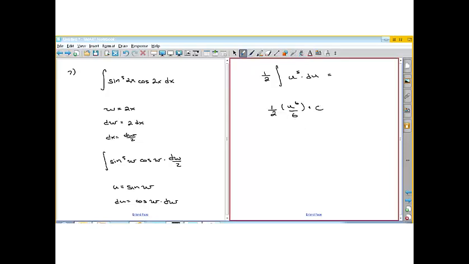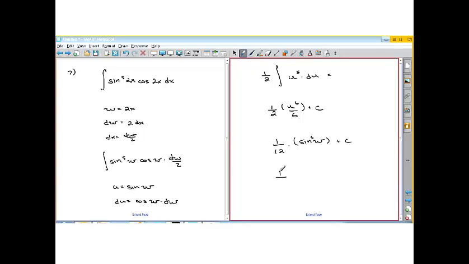So since I did two substitutions, first a w substitution, then a u substitution, then I have to go backwards. So I'm going to do this one first, and then I'll go back there. So let's factor out the 6. So we get 1/2 times 1/6 is 1/12. U is the sine of w to the 6th power plus c.